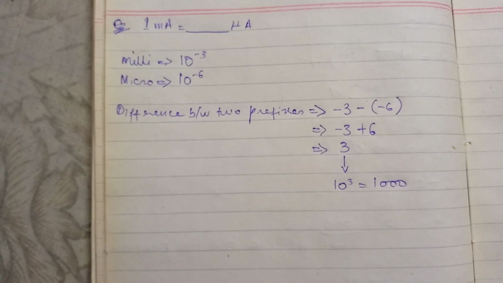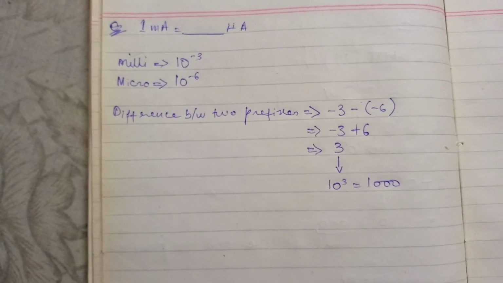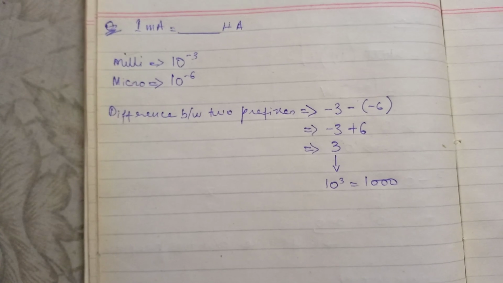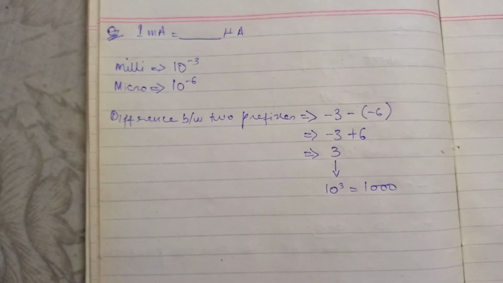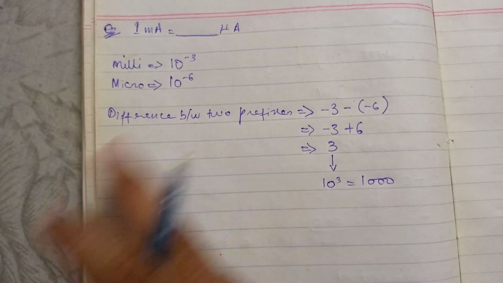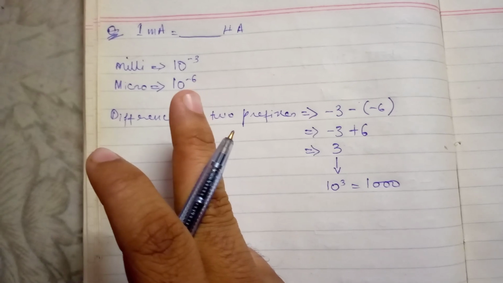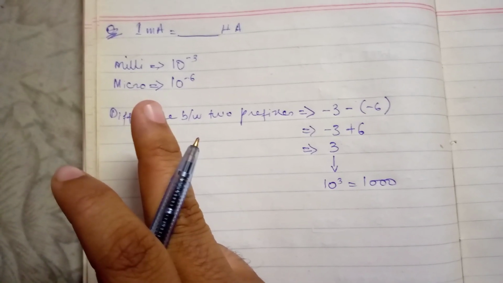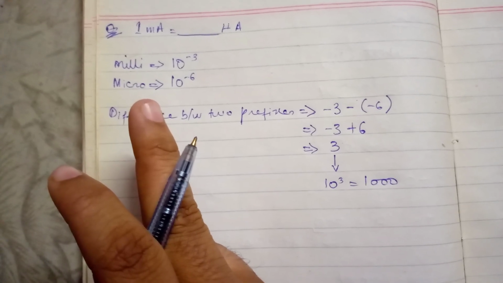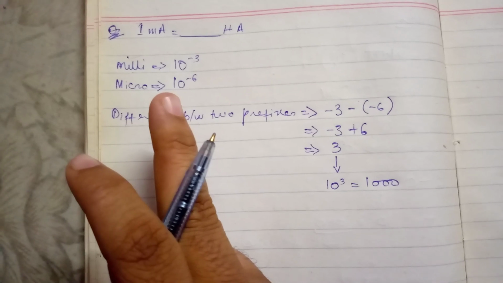Okay, now in the next step you have to decide whether you have to multiply this difference or whether you have to divide with it. Now see, in this question you are converting milliampere into microampere. Milli is bigger than micro, so we are actually converting bigger value into a smaller value.